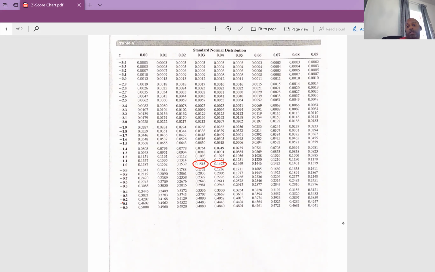You can always just take those values, subtract them from 0.15, and see which one's closest. Here we have 0.0008 away. This is 0.0015 away. So we're going to use this 0.1492. That corresponds to negative 1.04.